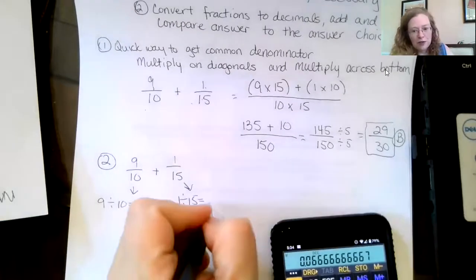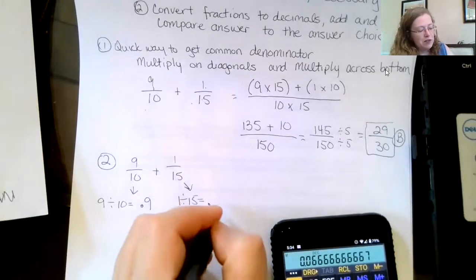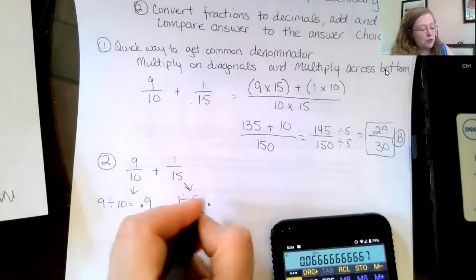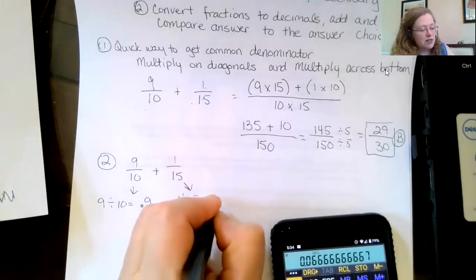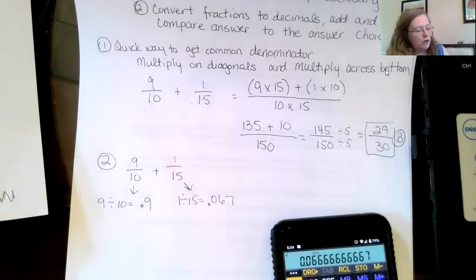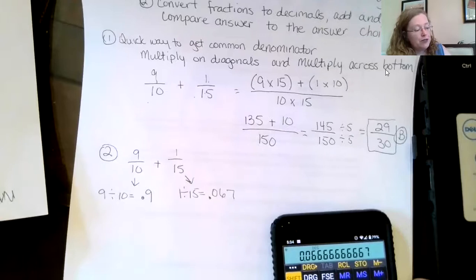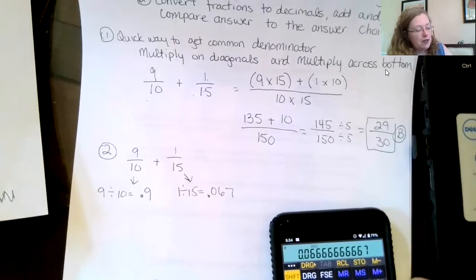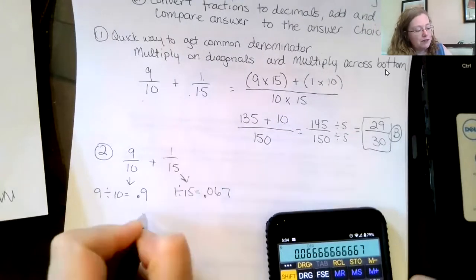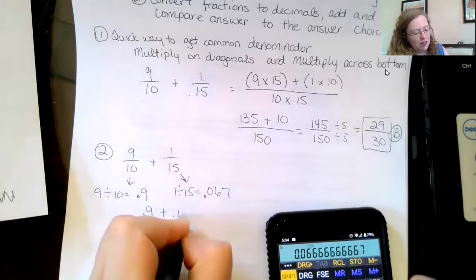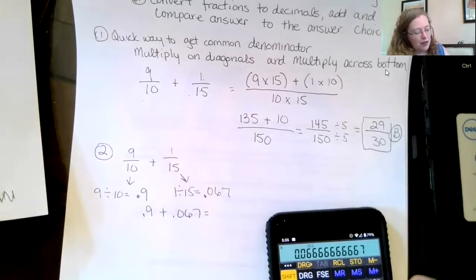It is equal to, let's keep three decimal places, 0.067. And then I'm going to add those two together. 0.9 plus 0.067 is equal to 0.967.